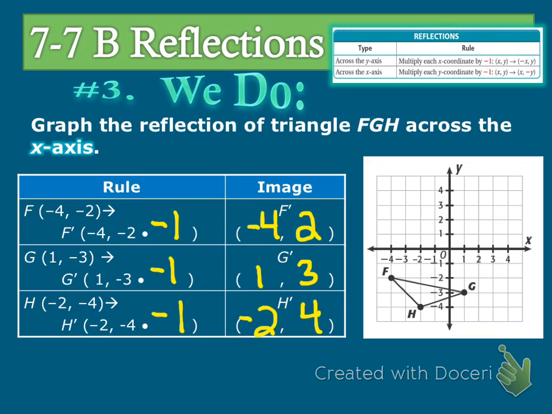Now you're just going to need to plot those points. So this figure is exactly the same triangle, just reflected over the x-axis. All I did was plot the points and connect the dots.